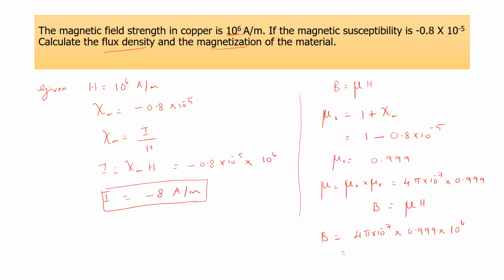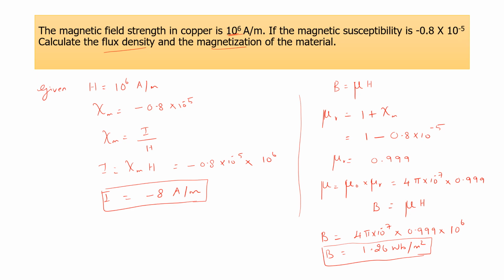So what is the answer? Do it in the calculator. It is 1.26 Weber per meter square. That is the unit for flux density. So this is how the problem has to be done.